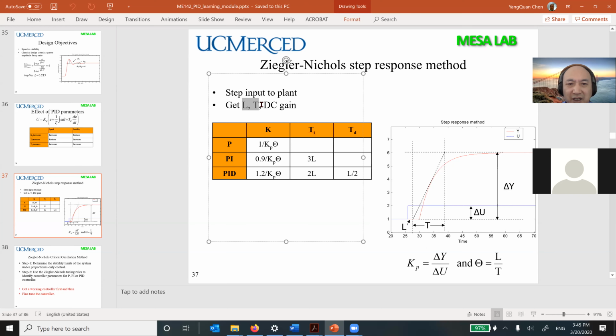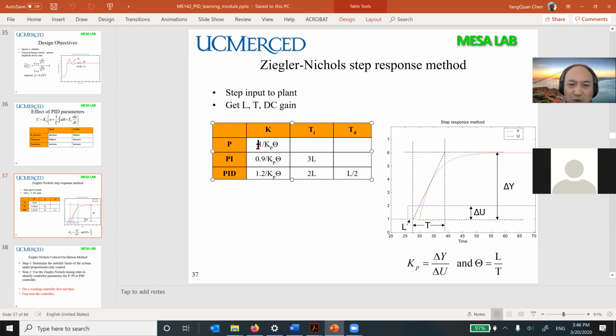So this is called DC gain, KP, and theta is something like a nominal, normalized delay. You have KP and theta, and you can read them from this reaction curve.